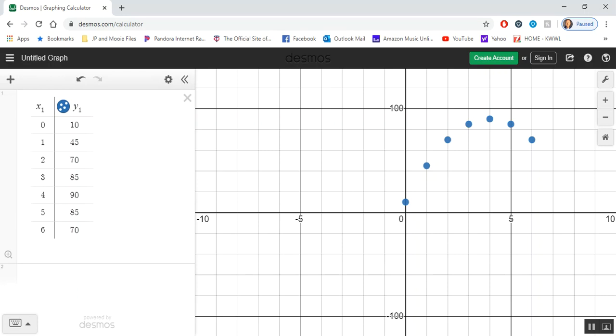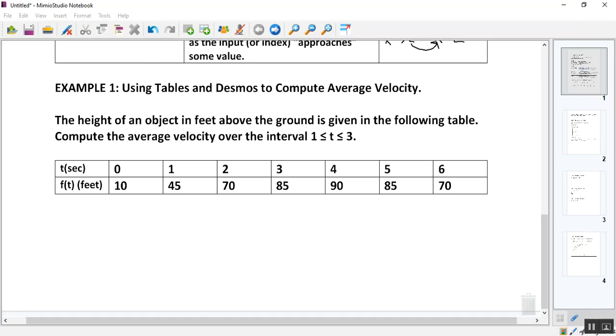So when they say this right here, what's the average velocity on these types of graphs? I'm just going to tell you, kids. It's simply the slope between the 2 points.